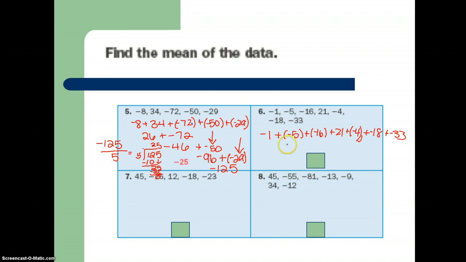The answer, when you add them together, is negative 56. Divide by 1, 2, 3, 4, 5, 6, 7. 7 into 56 goes how many times? Negative 8 is your answer.